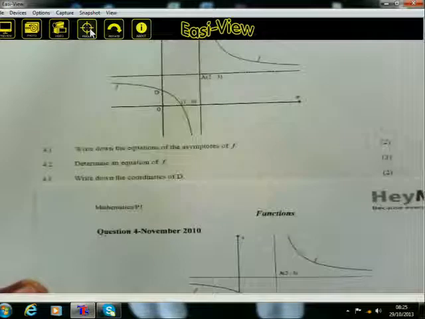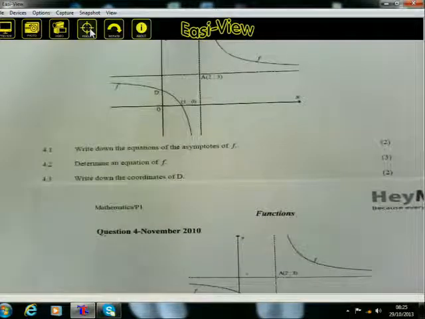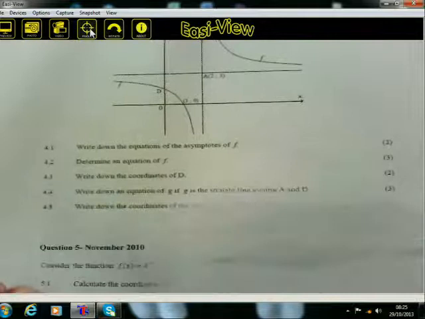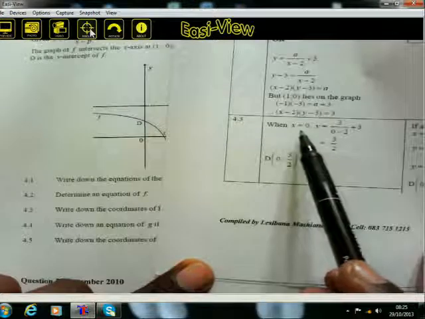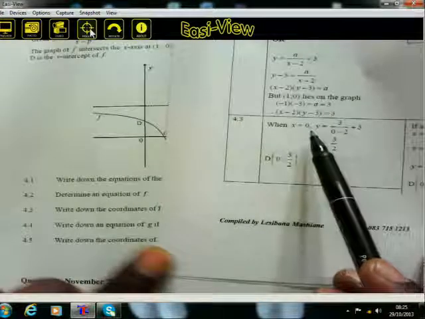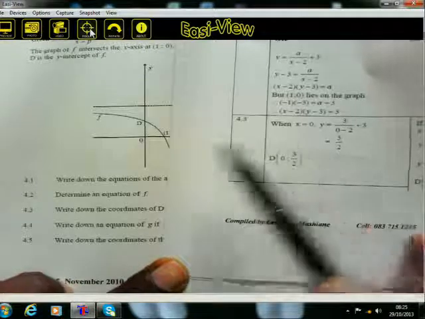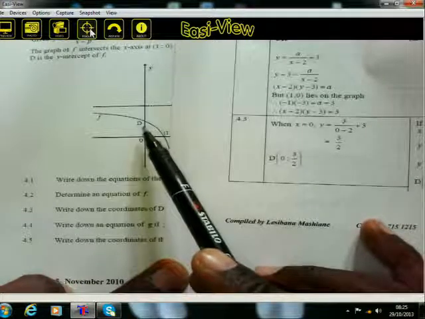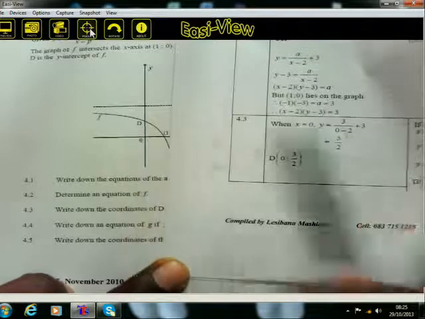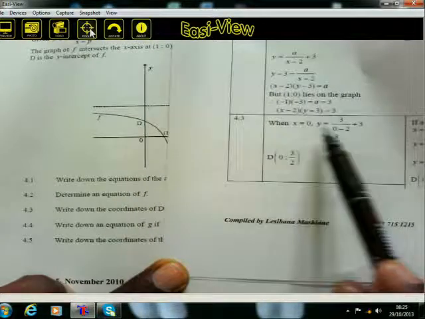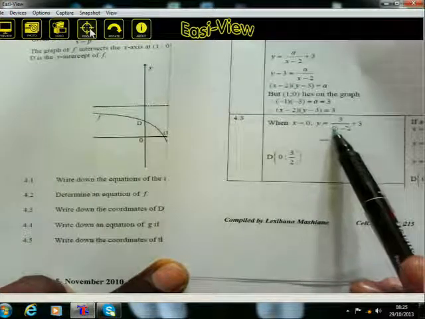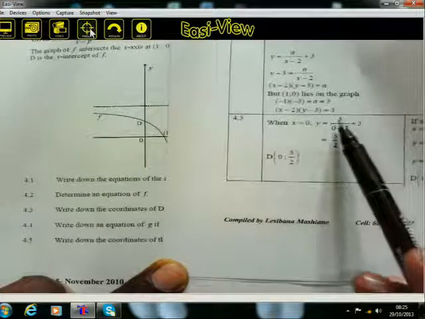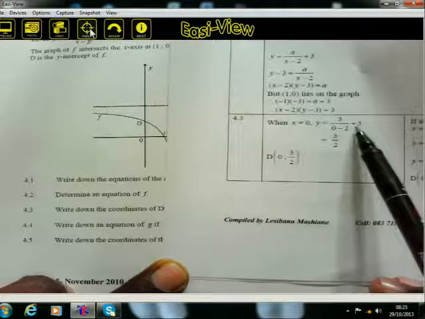Meaning, in the equation of a hyperbola, we have to make our x to be 0, because D is our y-intercept. And after making it 0, there we solve for y. Then 3 over 0 minus 2 gives you 3 over negative 2 plus 3.